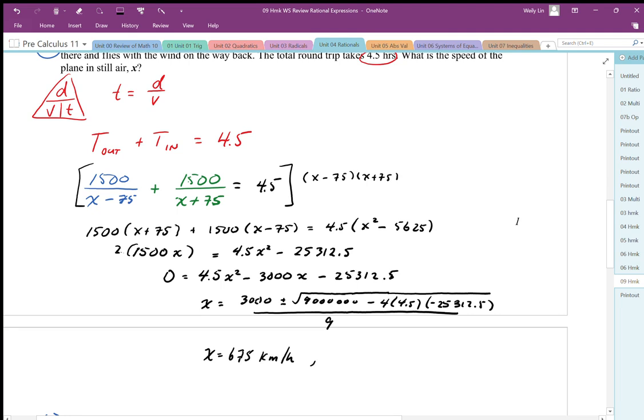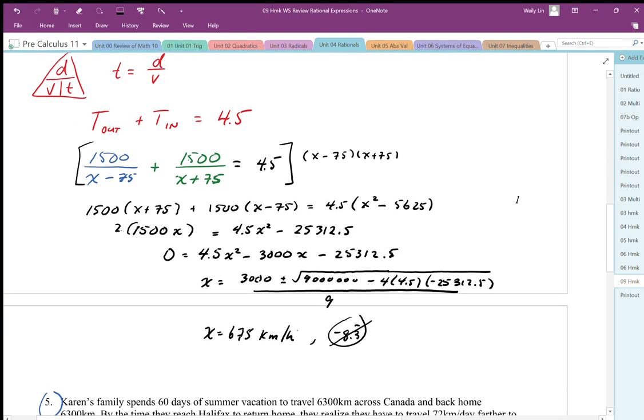The other solution, when I do the minus, is negative 8.3 repeating. We know that that's an extraneous solution. So the solution then is 675 kilometers per hour.